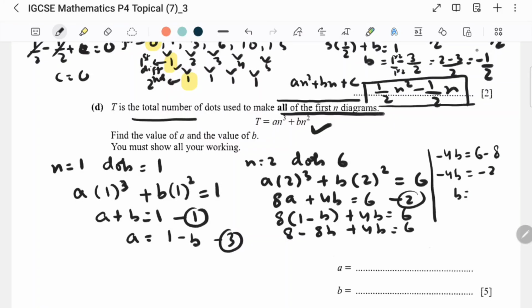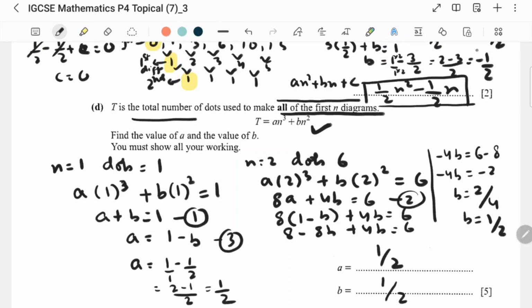The minus signs cancel, so b equals 2 upon 4, b equals half. So a equals 1 minus half, which is half. So that's the answer for this question.